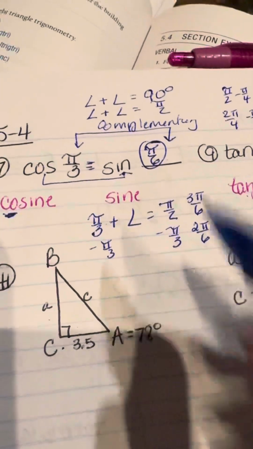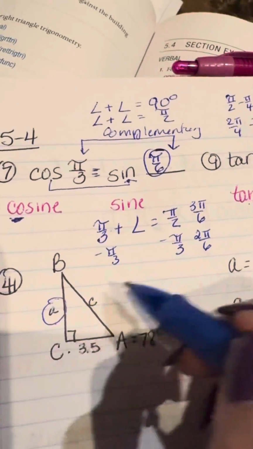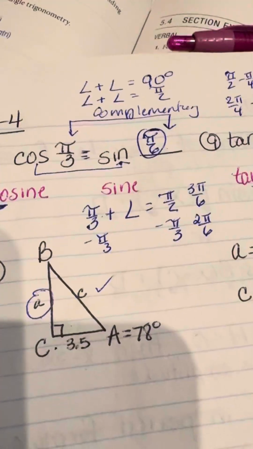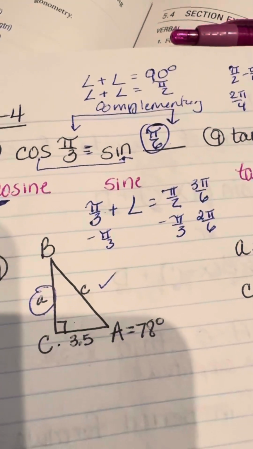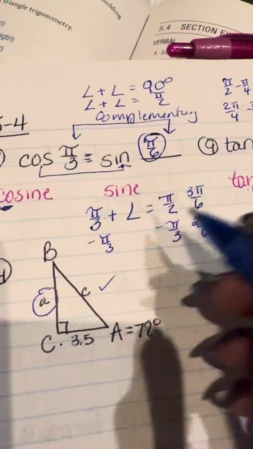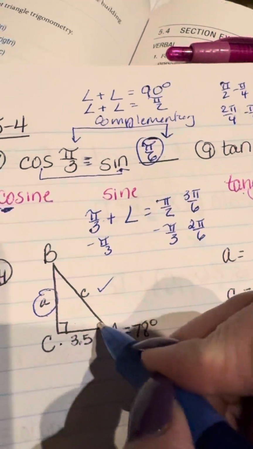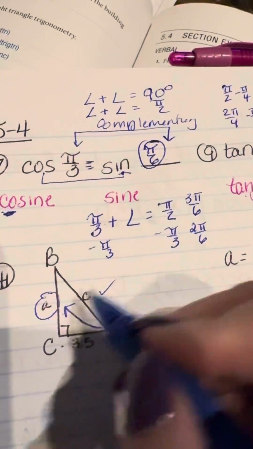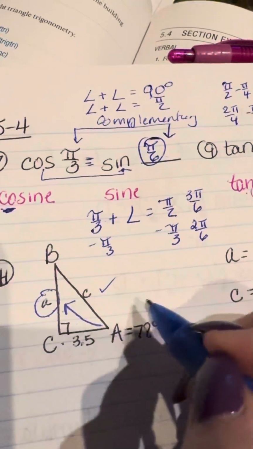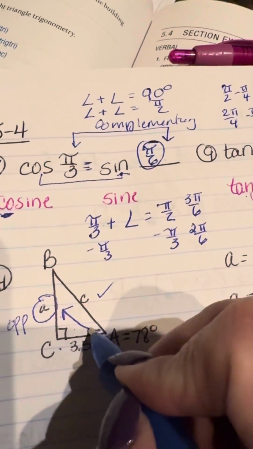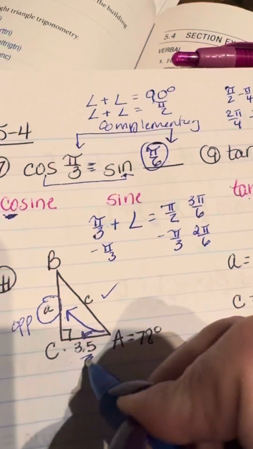So what I need to do is figure out what side A is and what side C is. It doesn't matter which one you do first. I like to go in alphabetical order, so I'm going to find side A. So I need to figure out, given this angle, what is A? Is it a hypotenuse? Is it an opposite? Is it adjacent? Well, A is opposite angle A. And then I need to figure out this side.